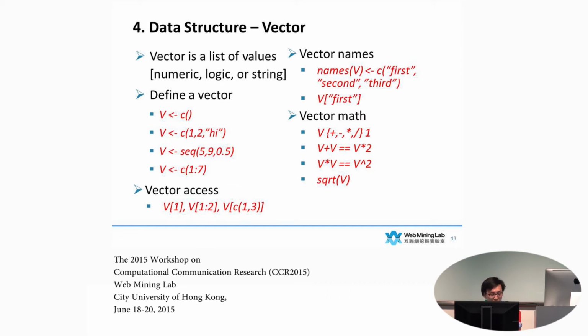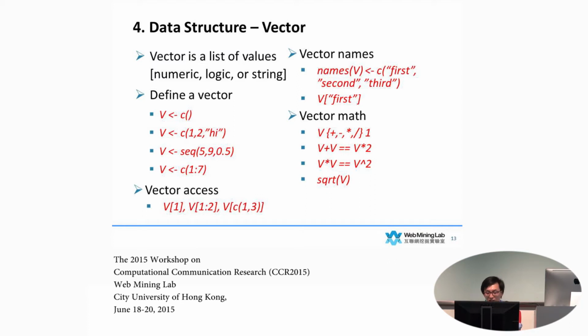Remember that all values should be the same type, but if we put values of different types, for example, two numerics and then a string here, what do you think the result is? Let's try.